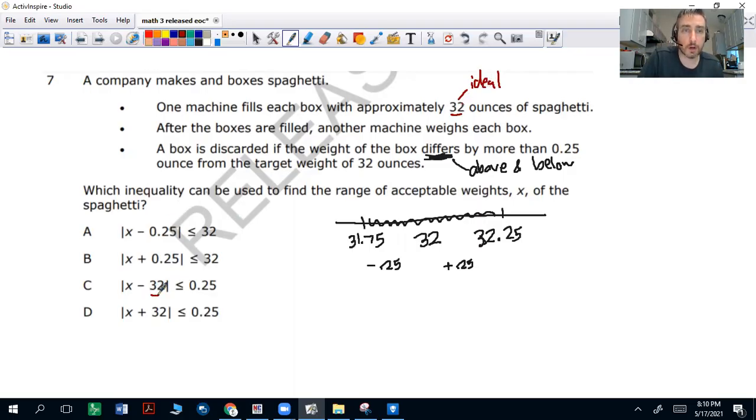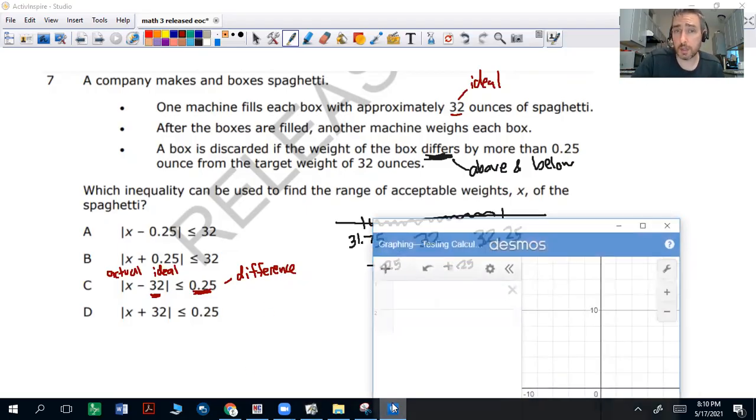So you always want your ideal to be right there. The minus has to be there because it's the difference between the actual and the ideal. So there's going to be a difference there. And that difference can be no more than 0.25 ounces in either direction. So it's going to be C.